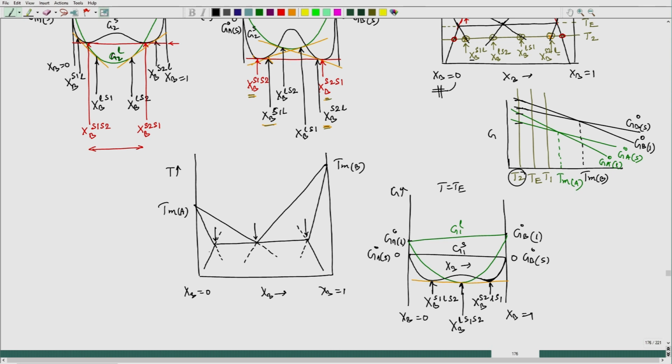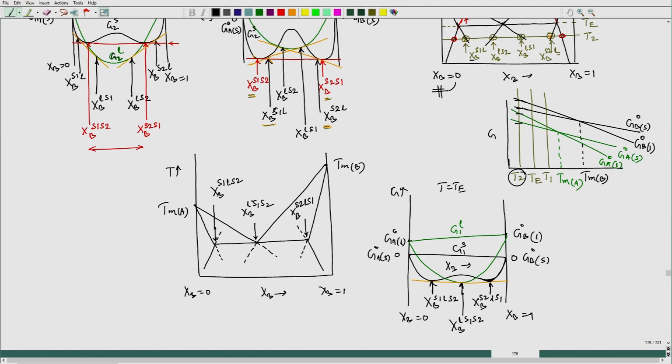These are three compositions. This is x b S 1 in equilibrium with liquid and S 2. This is x p liquid in equilibrium with S 1 and S 2, and this is x p of solid 2 in equilibrium with liquid and S 1.